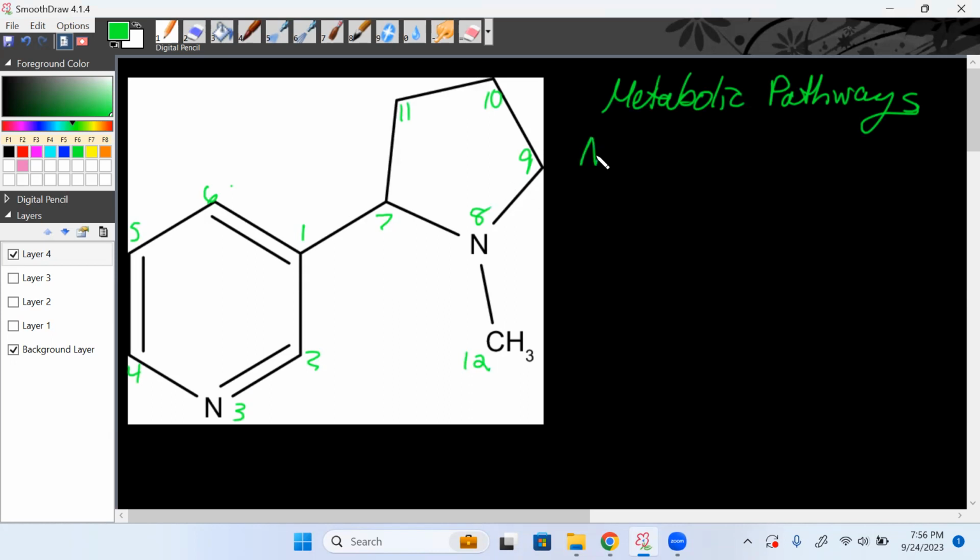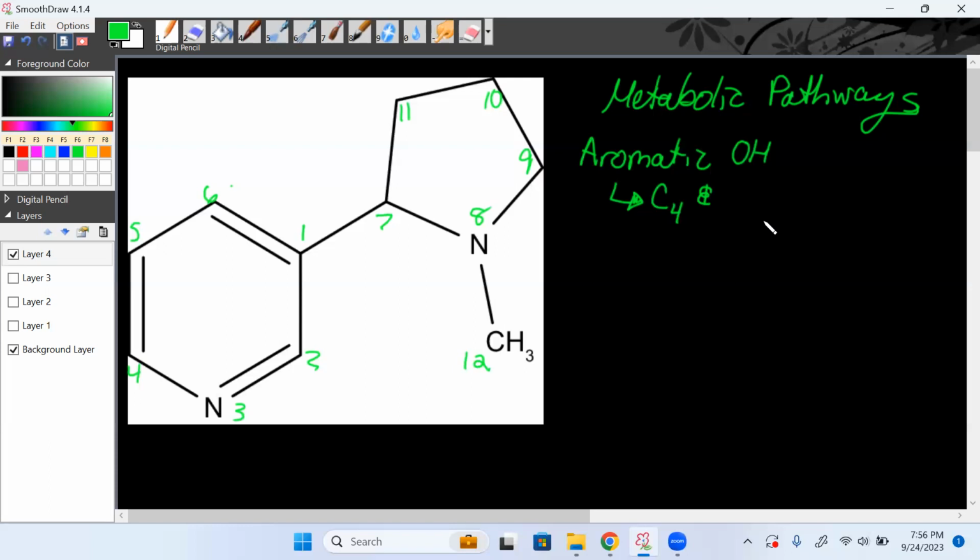Aromatic hydroxylation, 100%. And what would be the preferred carbon for aromatic hydroxylation? Carbon 4 would be a good option. What would be almost as good of an option as carbon 4?